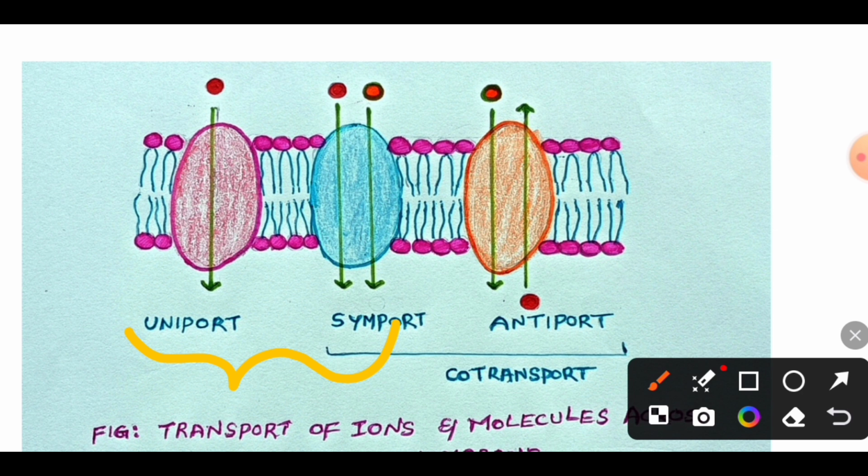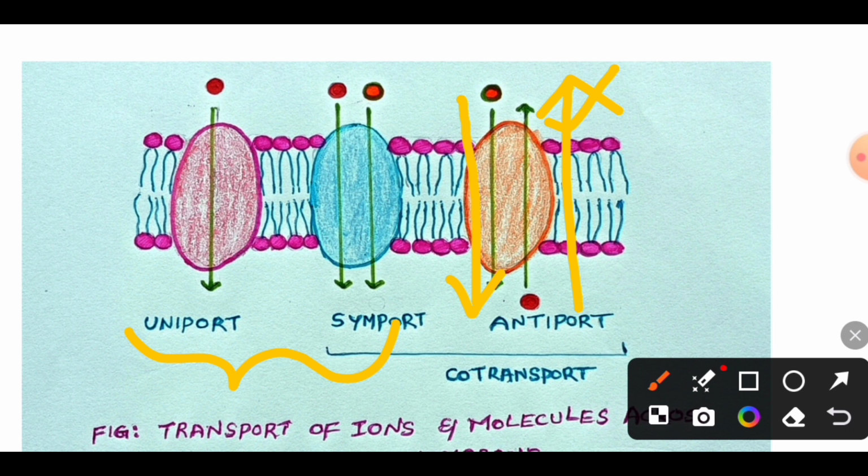Now we are going to see the third kind of protein, the antiporter protein. Antiport is a type of transport where two substances are moved by the same protein in opposite directions. One substance is going inwards and one is coming outside. This is an active transport, which means it requires external energy, here the electrochemical gradient.